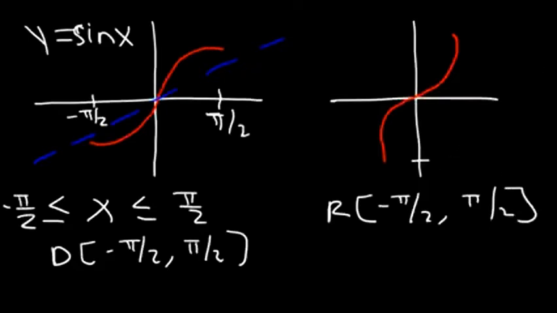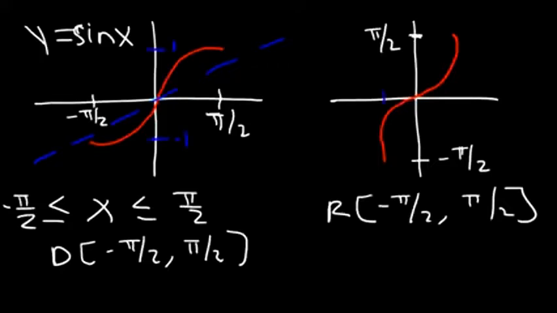So the x and y values have switched. As you can see, pi over 2 and negative pi over 2 were x values. Now they're y values as you deal with the inverse function. Now the y values for the sine function varied from 1 to negative 1.